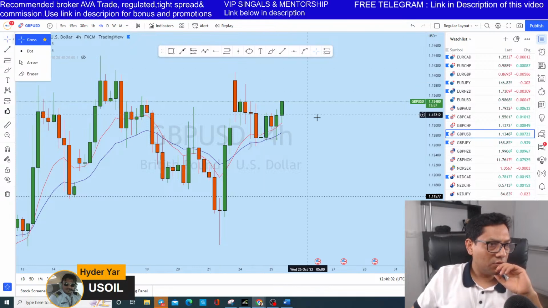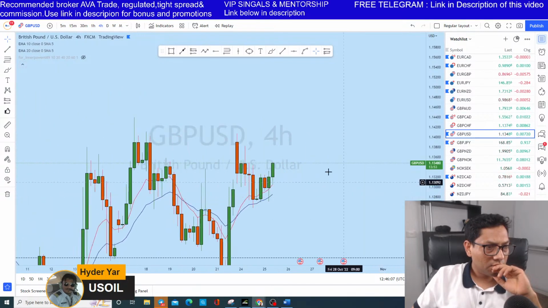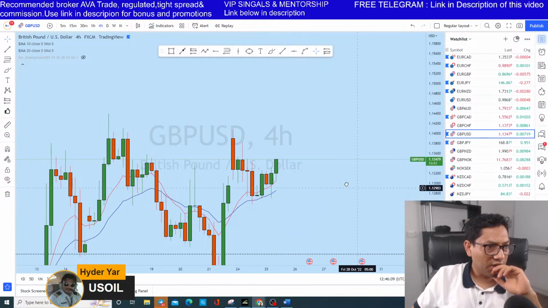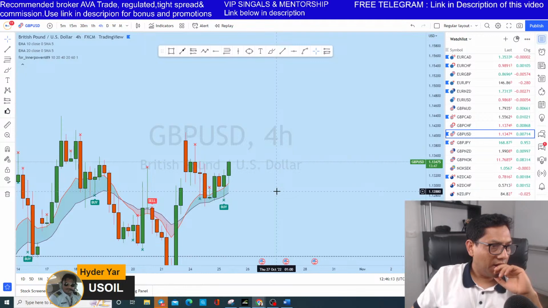GBP USD looks like the previous session created this bullish engulfer, which looks just like a buy signal here.